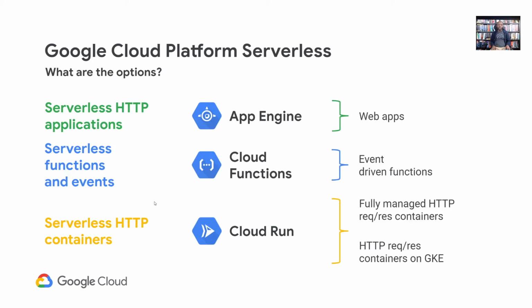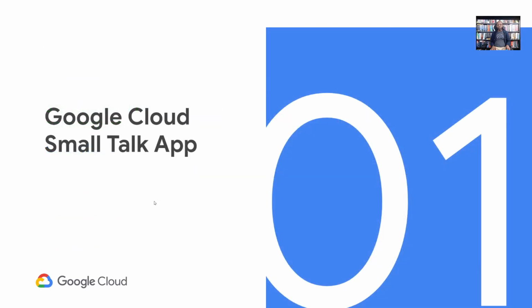Number two, Cloud Functions, which are event-driven functions. And number three, Cloud Run, which gives you the ability to run containerized web apps. In the talk today, I'm going to focus on Cloud Functions. So over the next 20 minutes, let's see what we can build on Google Cloud.